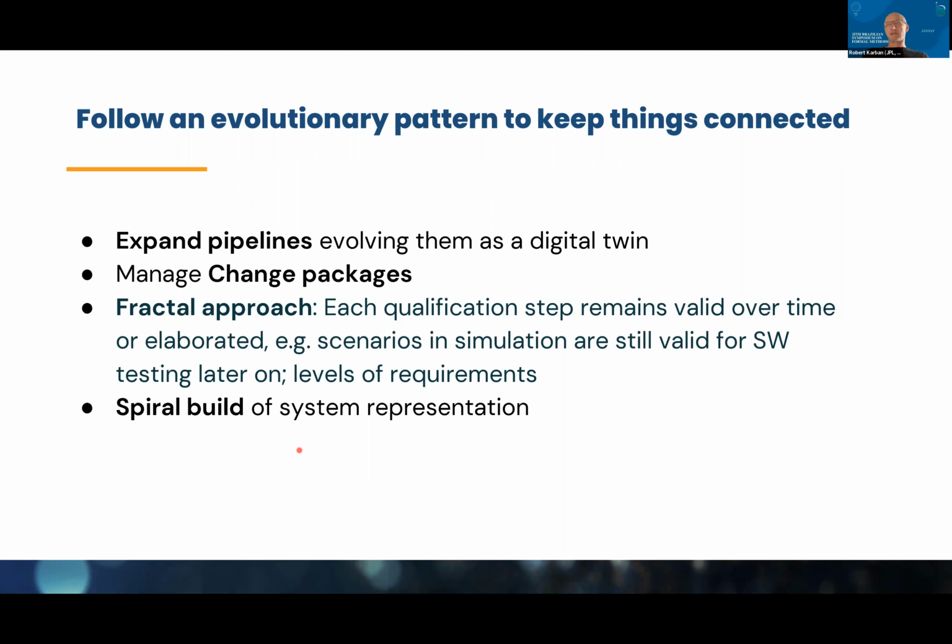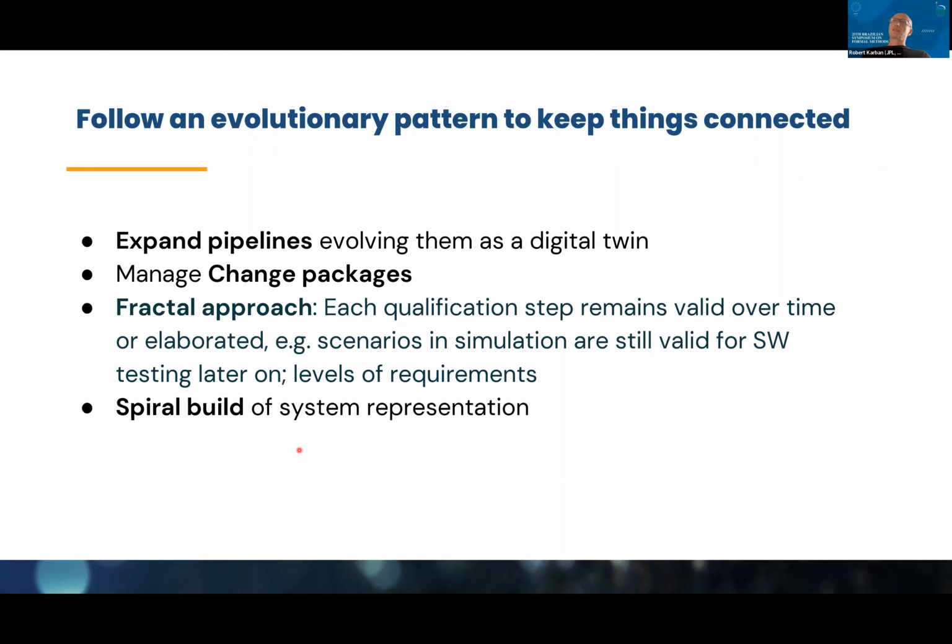We'll see that in a bit. If we change something somewhere, might be a requirement, and it trickles down to the test, we want to tag whatever has changed in all this pipeline as a change package. So we know requirement changed, design changed, code changed, test changed, and so on, right? These are the things that change. That's what we think of as a change package.